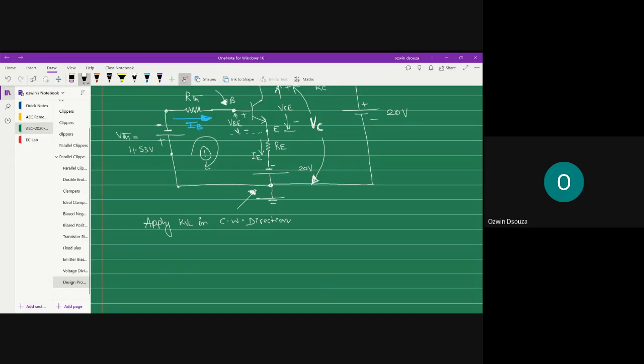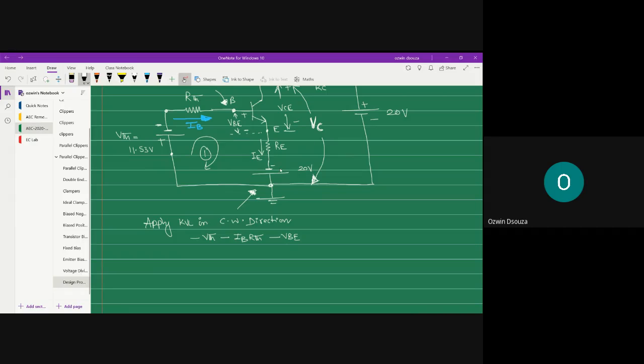I am sweeping this battery from positive terminal to negative terminal as minus VTH. And then my resistive drop, IB into RTH, the terminal voltage, minus VBE, because VBE is swept from positive terminal to negative terminal. Hence, it is considered as potential fall.